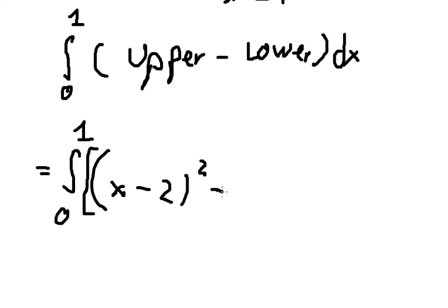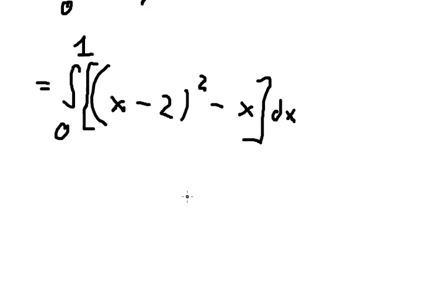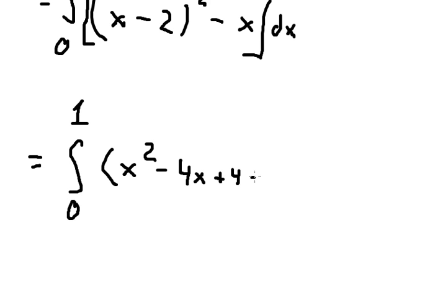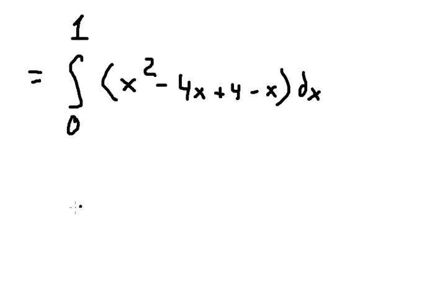And the lower is x. So we need to expand this one. So negative 4x and negative x, we have negative 5x.